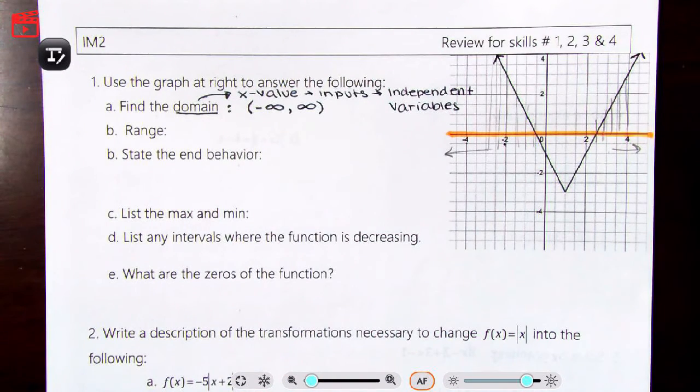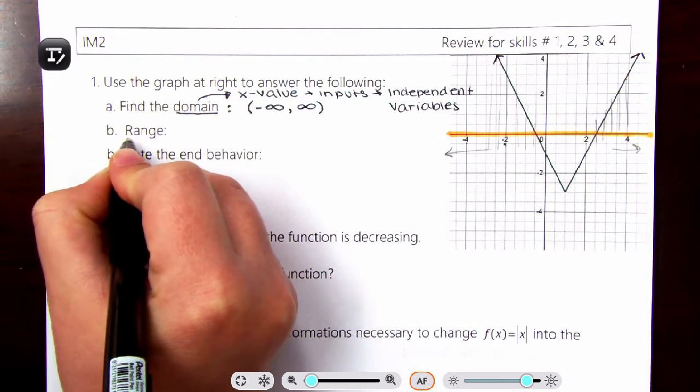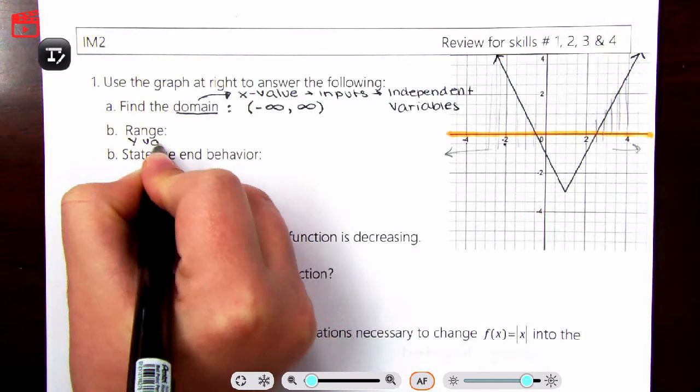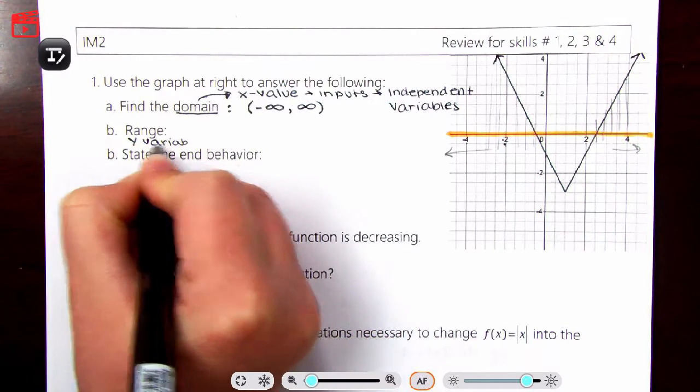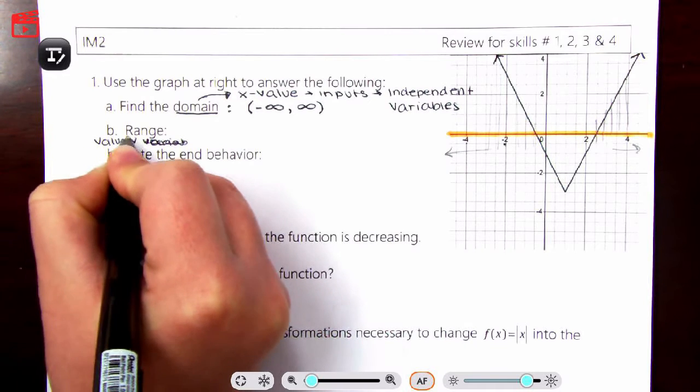Now I know in my class we talked about the 3 different ways to show range and domain. This is just one of them. Any of those 3 ways will be fine. Now range is talking about the y-axis. So what do we say for range? Range is our y values.